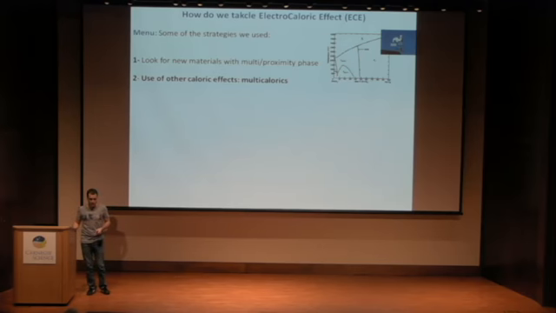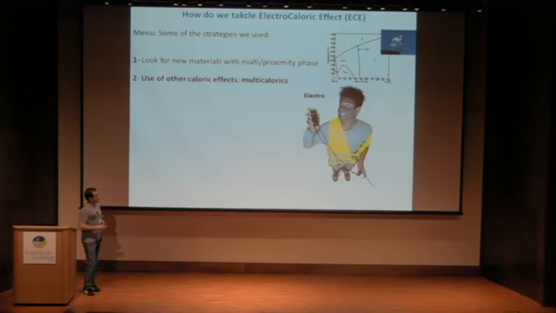What I mean by multicaloric, the idea is we have ferroelectrics. Ferroelectrics have the polarization which is sensitive to the electric field. But ferroelectrics are also a ferroelastic system. So if we apply a pressure, a stress on the system, we can also affect the polarization, and then we should be able to modify the entropy of the system.